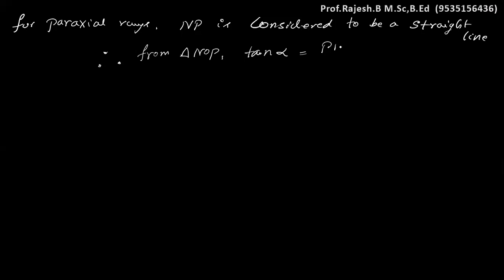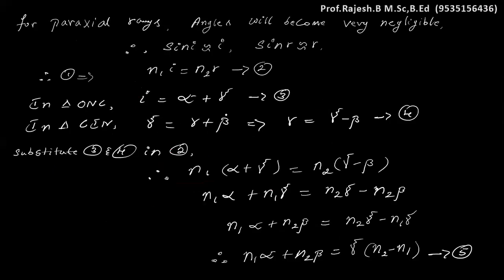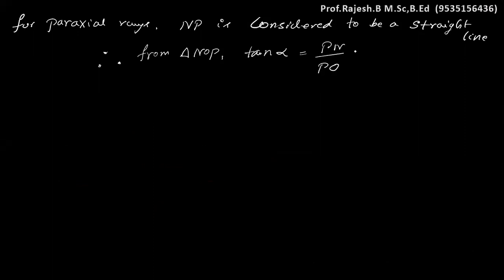So PN by PO. So my tan alpha in this triangle is opposite divided by the adjacent, PN by PO. Since it is a paraxial ray, that tan ratios can be neglected. I can just consider it as alpha.